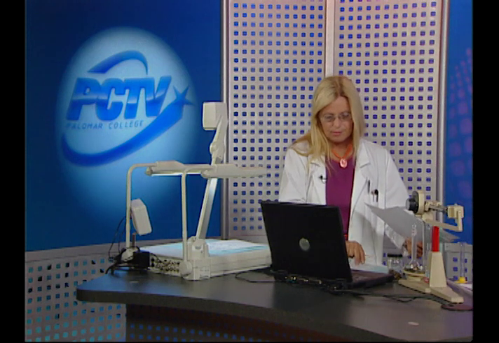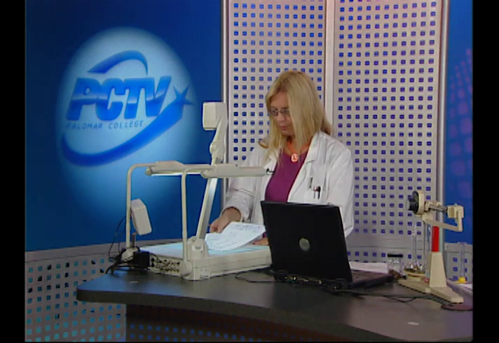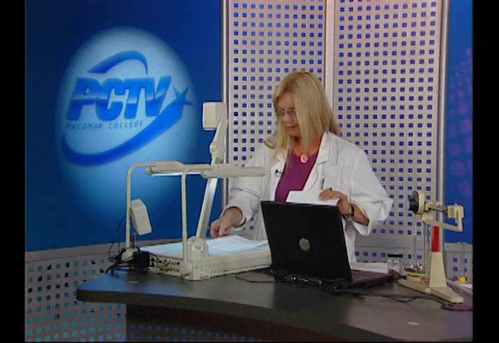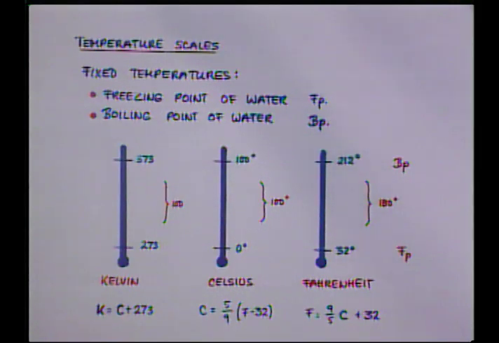Last but not least, we are going to do temperature. Temperature scales. We have different scales, as you know. We use Fahrenheit here. Celsius or centigrade is the SI system, or a derivative of the SI system, a metric system at least.